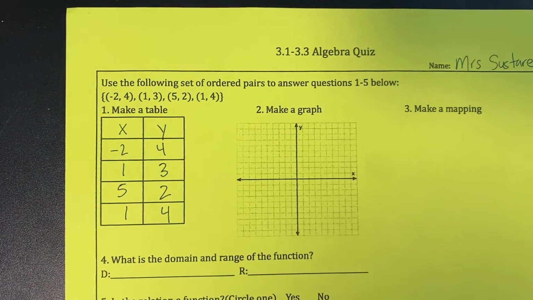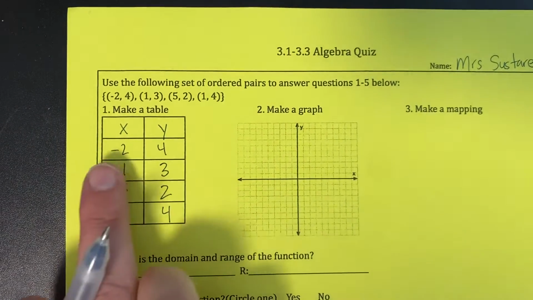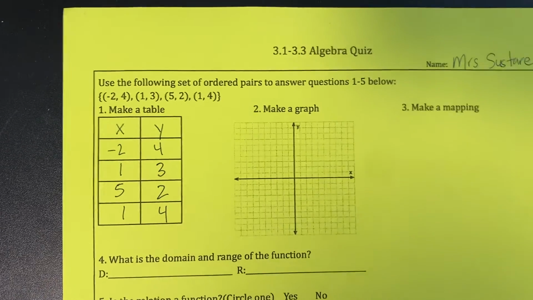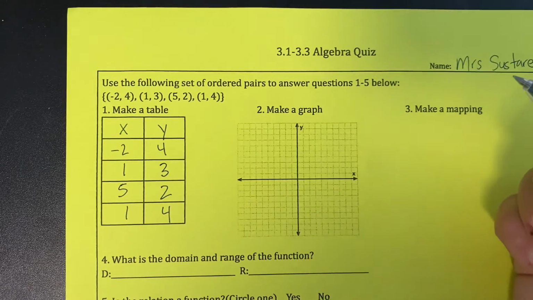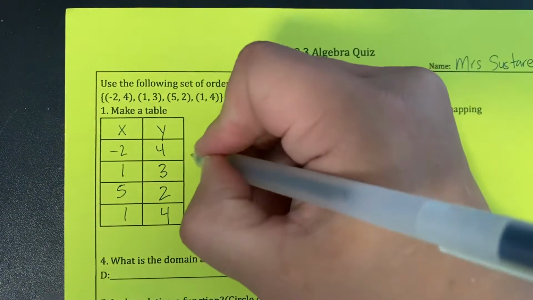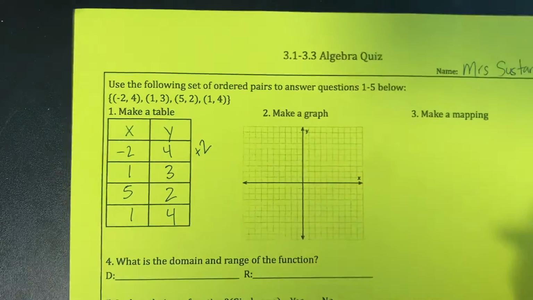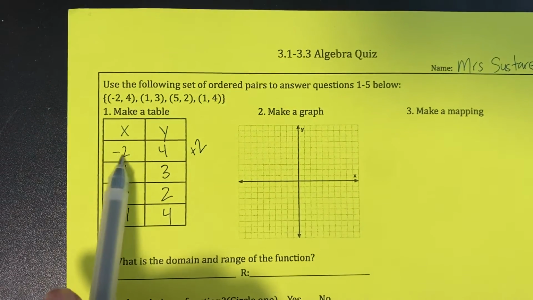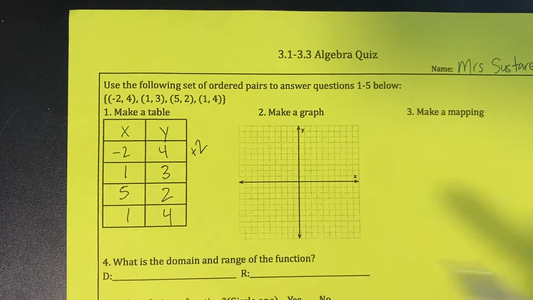I could have put them in a better order, but as long as they correspond here, you are good. You can give yourself 2 points. Each one is worth half. So half, half, half, half.